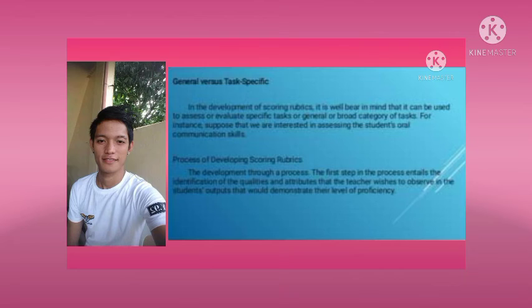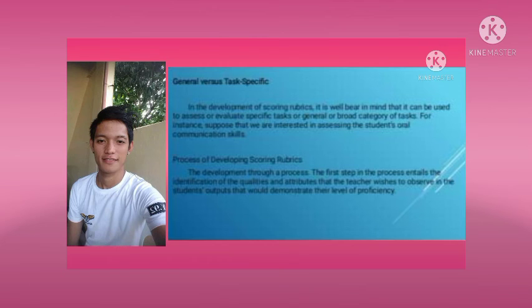Process of developing scoring rubrics. The first step in the process entails the identification of the qualities and attributes that the teacher wishes to observe in the student output that would demonstrate their level of proficiency.